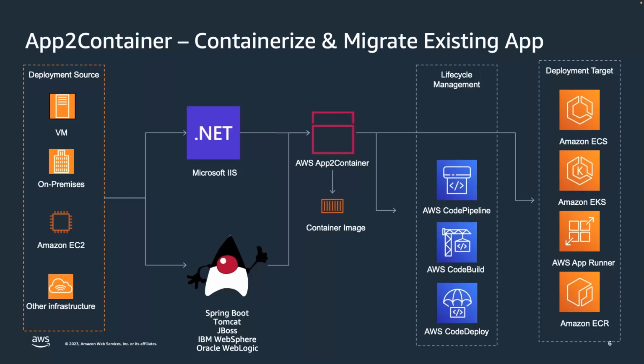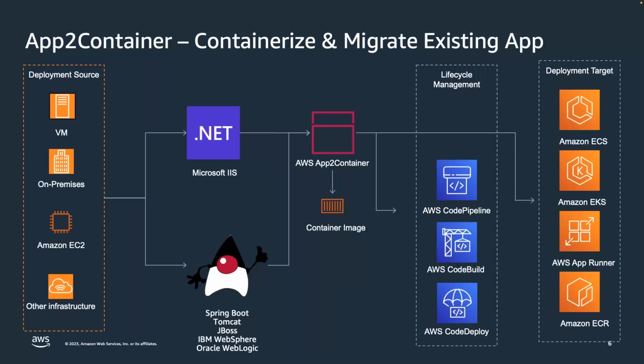App2Container will support the modernization of both .NET and Java-based applications. And as mentioned, App2Container will provide the operator with the containerized application and the artifacts required to automate and manage the deployment of the modernized application.